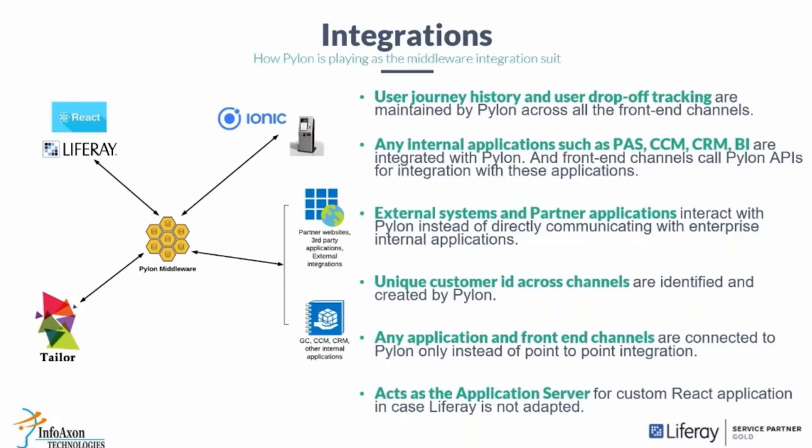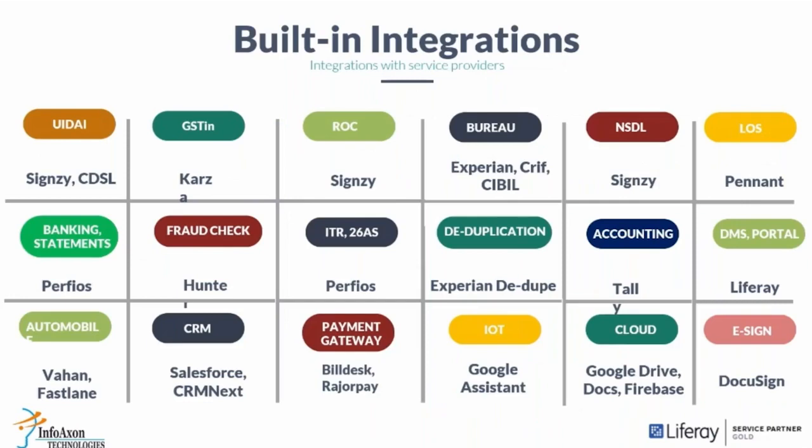So these are some of the built-in integrations in Pylon. These are all ready to be used, and you can use them from day one. For example, it is integrated with UIDAI, CIBIL, CRIF, NSDL, banking systems, accounting systems, Vahan, Fastlane, etc. For payment gateways, we are integrated with BillDesk and Razorpay as of now, and we are working on integration with Paytm.